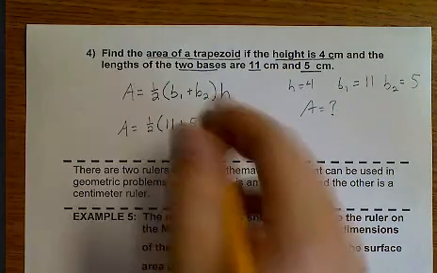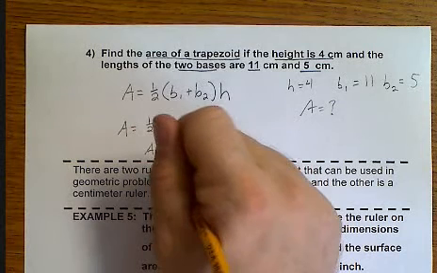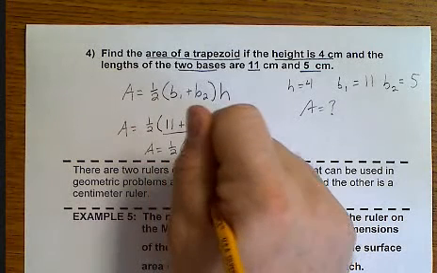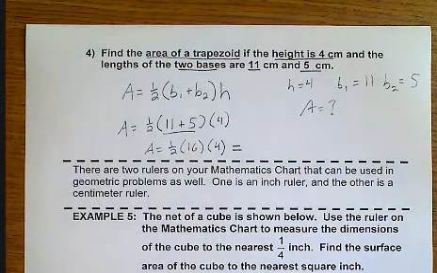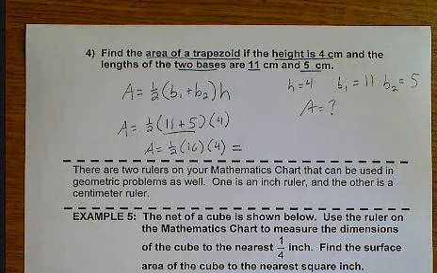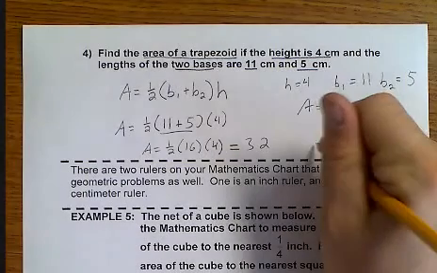Well, 11 plus 5 gives us 16. Area equals 1/2 times 16 times 4, which we can just put in the calculator. 1/2 times 16 times 4, and we get 32. So the area equals 32.